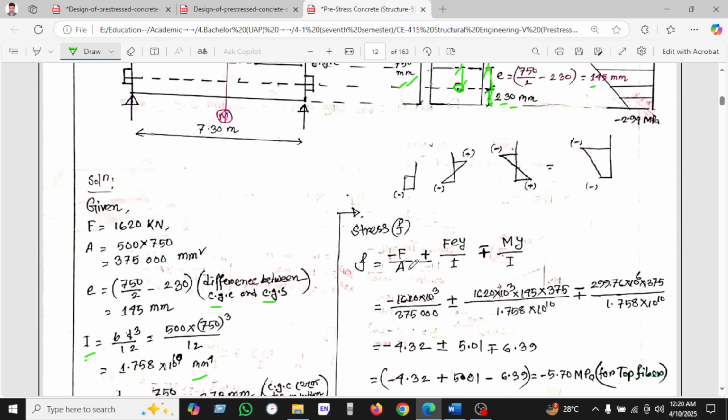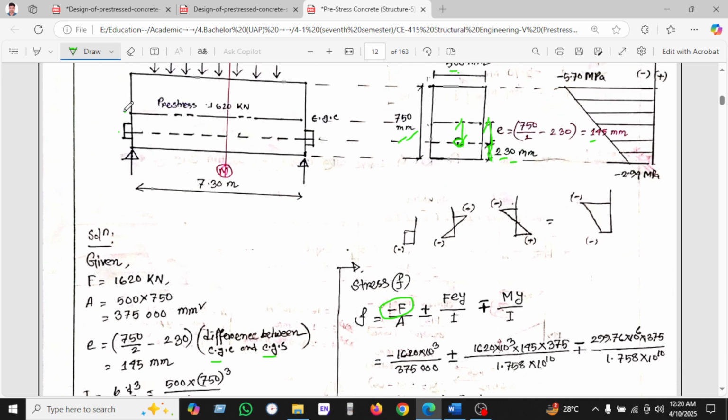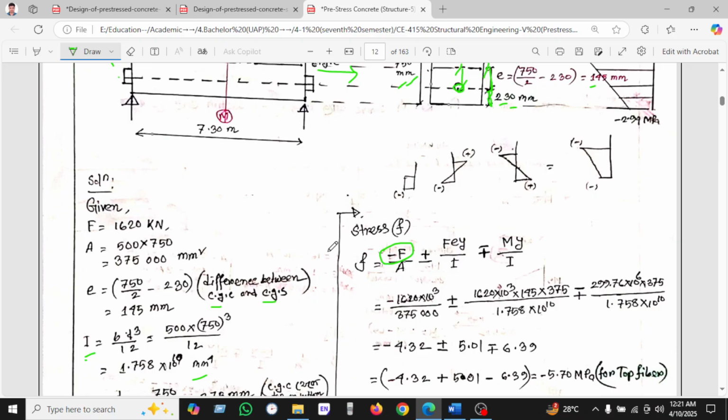So let's see here, why minus F? Because this is the prestress, that's why it is the jacking force, so it will always be minus. If the force is compression, then it will be positive.